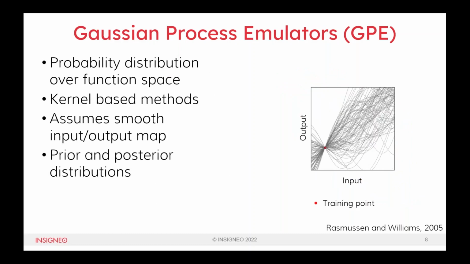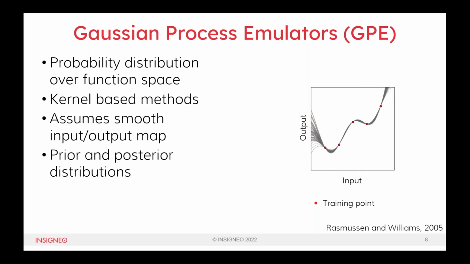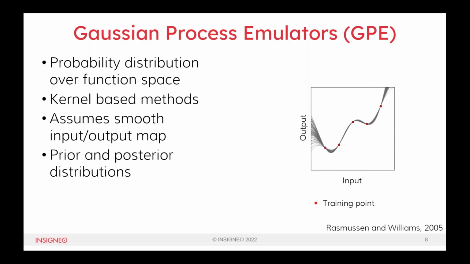Okay, so now let's be a little bit more specific on what the Gaussian Process Emulators, or GPE, are. So being emulators, of course, they are a probability distribution over function space. And as I said before, on each point of the input parameter space, you have an infinite number of possible functions to pick.